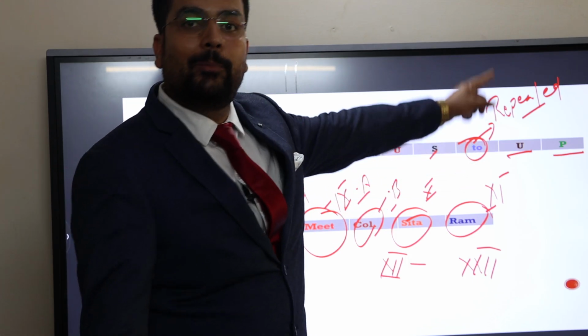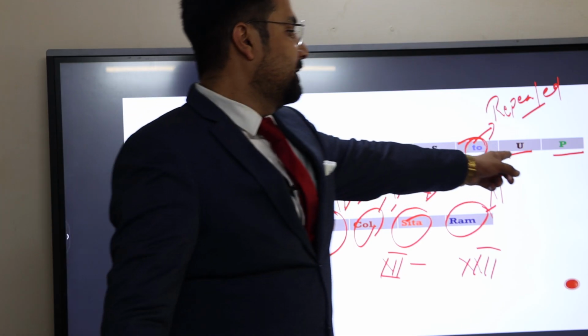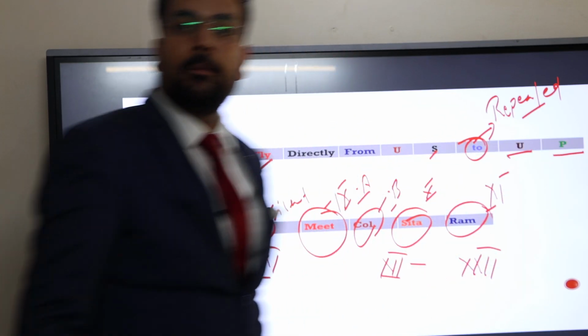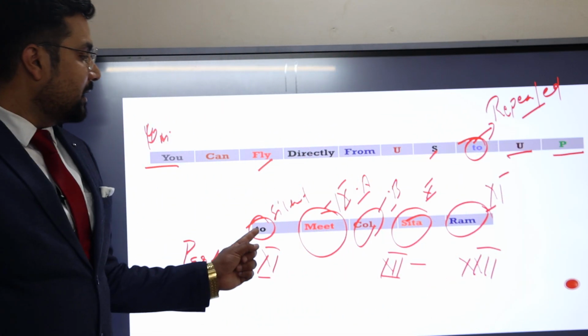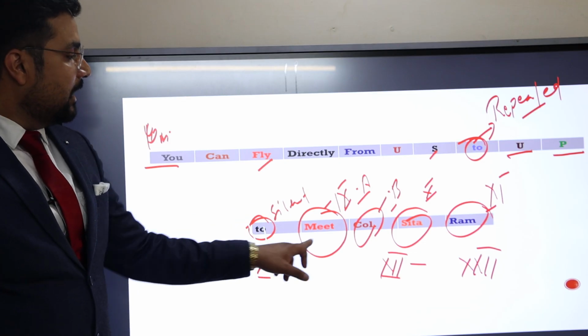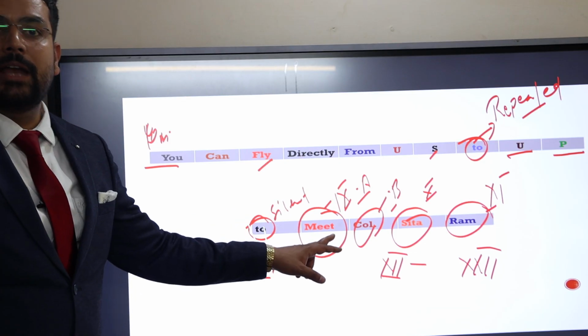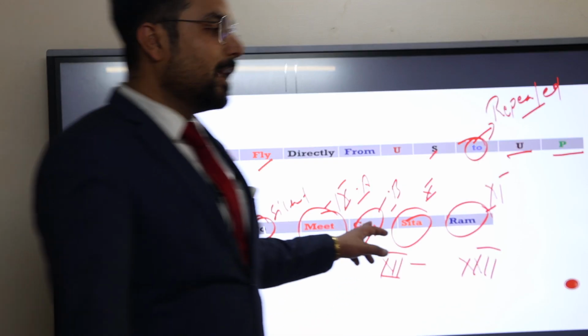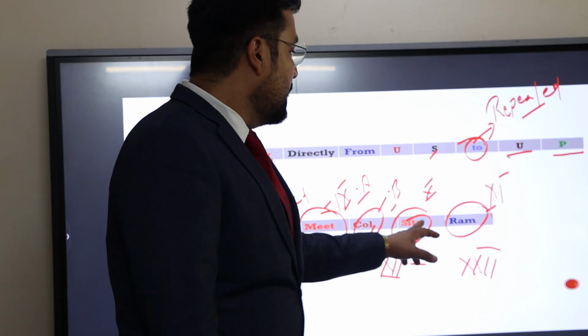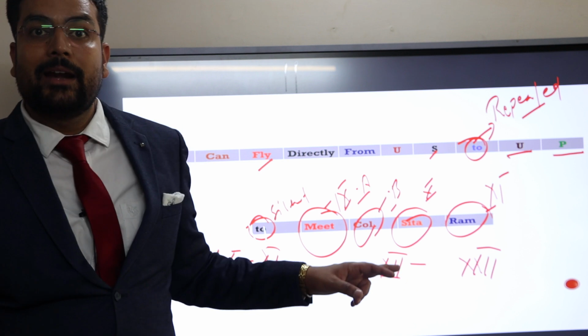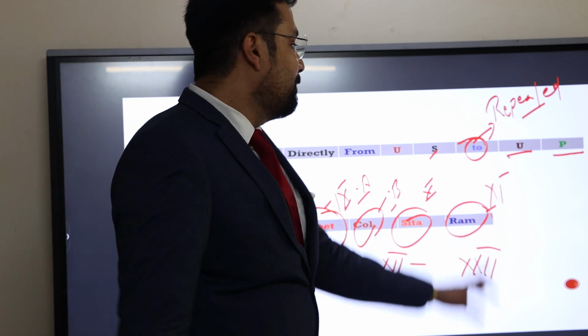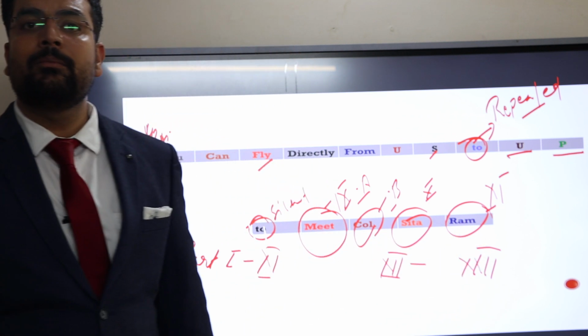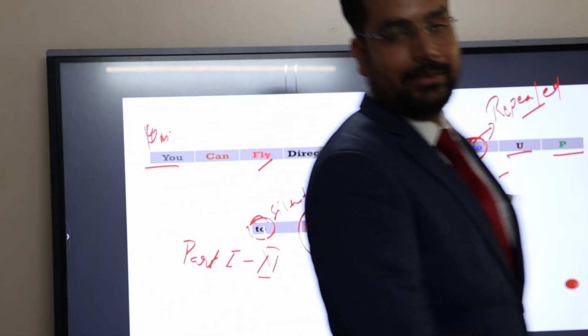This too has been repealed, part 7, princely states. This U is UT. Then P means Panchayati Raj, part 9. Part 9, yet this too is silent. Then Meet is part 9A municipality, Colonel part 9B cooperative society, Sita part 10 that is schedule and tribal areas, part 11 Ram means relation between center and states.